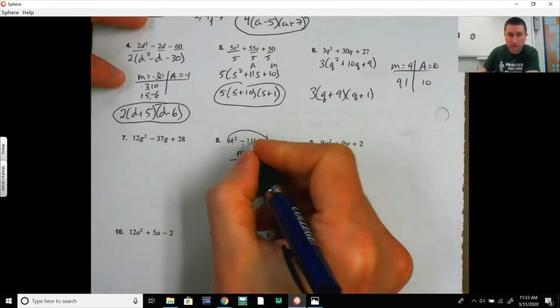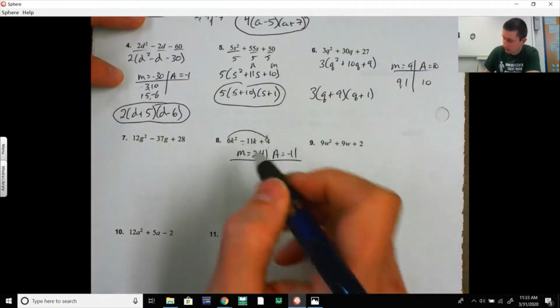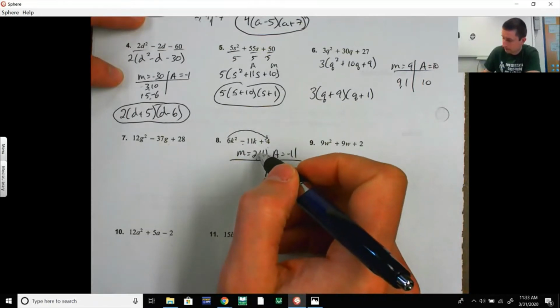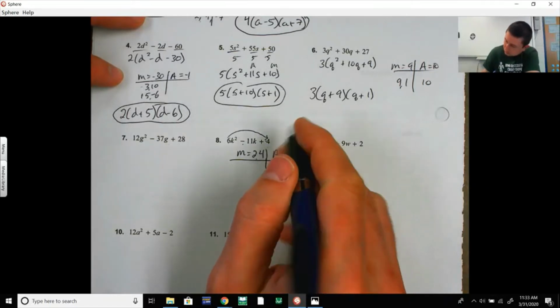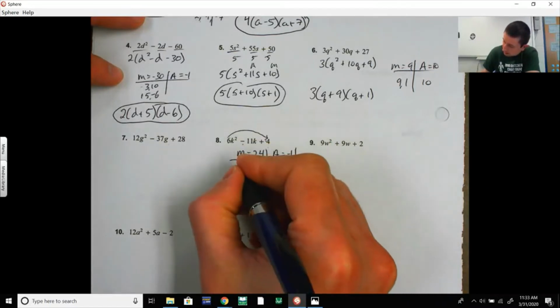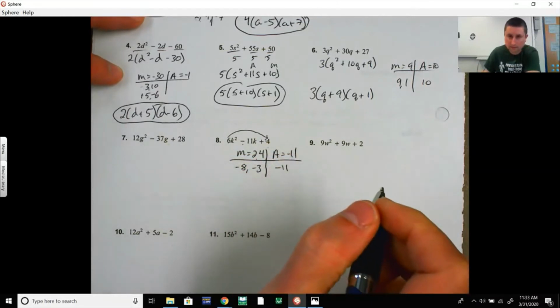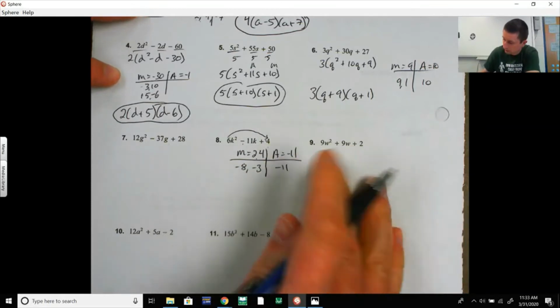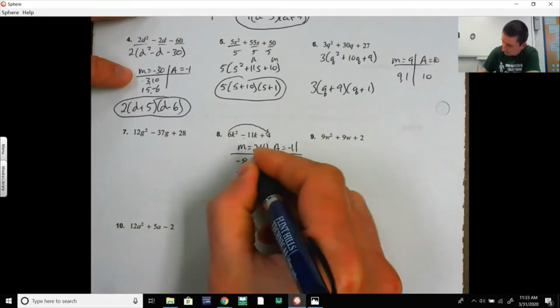So since it's adding to a negative, it has to be two negative numbers. So 24, 6 and 4 would be a 10, 2 and 12 would be 14, 8 and 3, a negative 8 and a negative 3, that would add to negative 11. Okay, of course you can try different numbers. You see, these are the two that work.